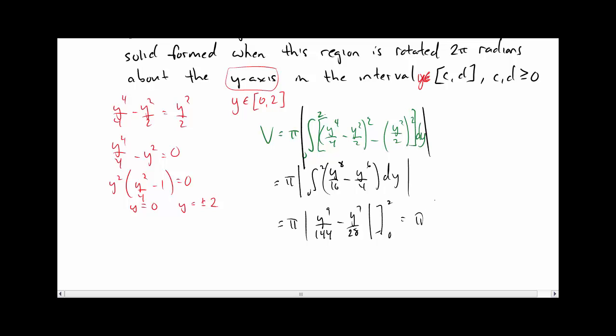And we get pi times the absolute value of 2 to the 9th over 144 minus 2 to the 7th over 28. And of course we're doing minus 0 when we substitute our lower limit. And simplifying this, we get 64 pi over 63 as our volume from 0 to 2 on the y-axis.